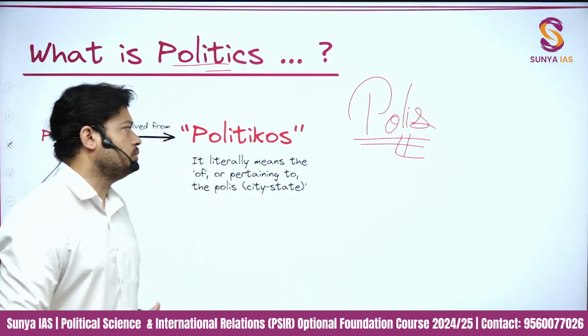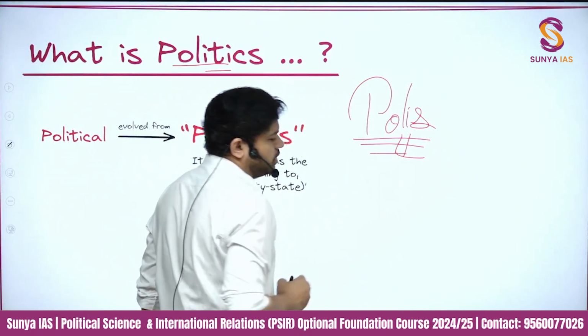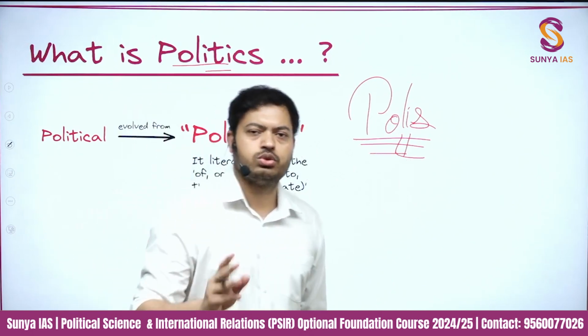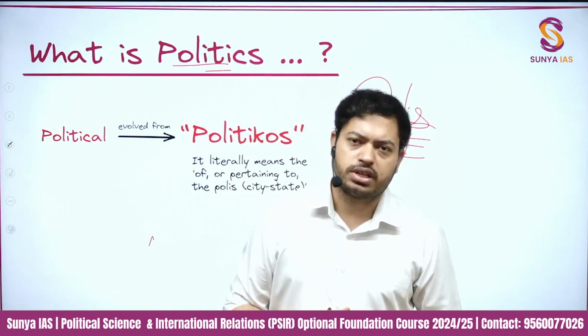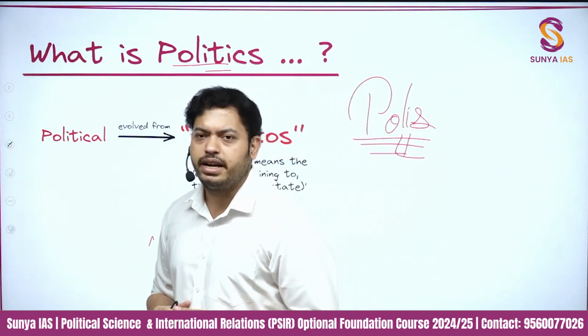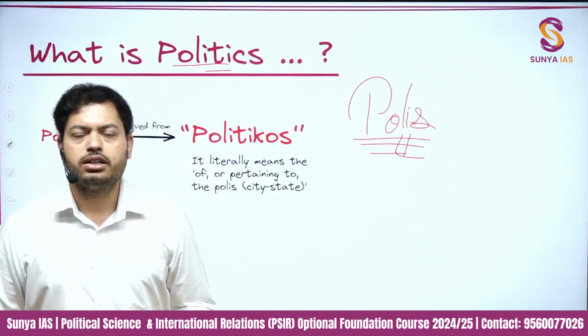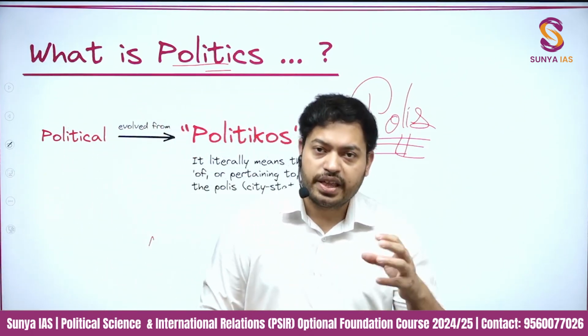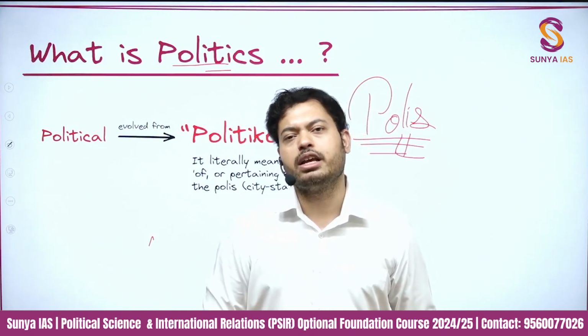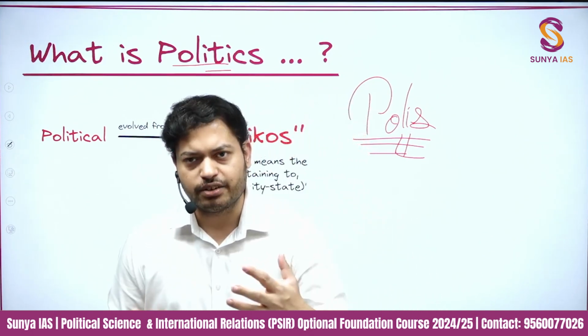Okay. So in a polis, that was a city state almost 2,500 years back, a lot of people in the Greek society decided that they will form a democratic system, a republican system, and from there this word became very popular because it was connected with masses.